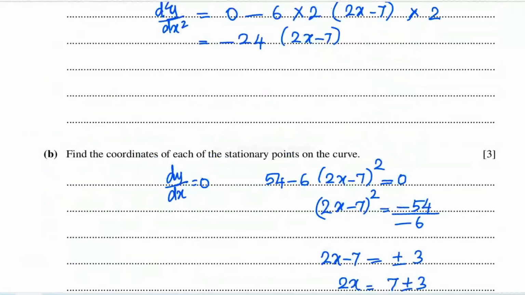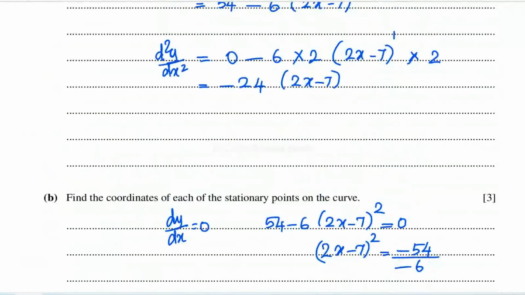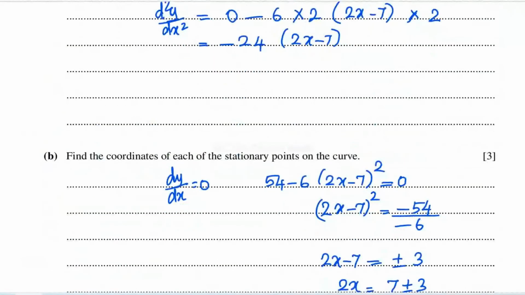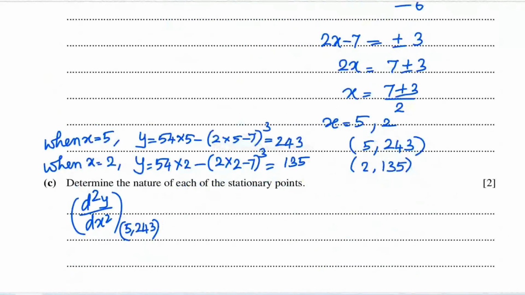D square y by dx square is negative 24 multiplied by 2x minus 7, 2 multiplied by 5 minus 7, which is equal to negative 72, which is less than 0. That means 5, 243 is a maximum point.